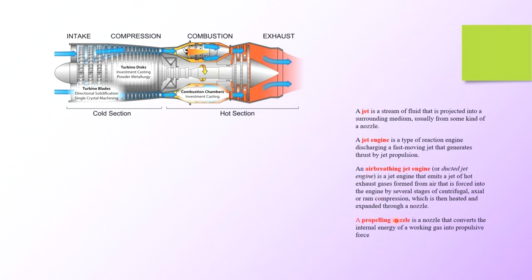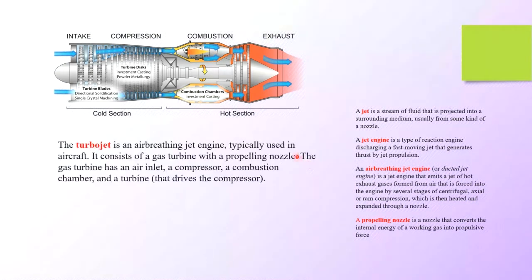A propelling nozzle is a nozzle that converts the internal energy of a working gas into propulsive force. These are the terms that usually you will see in this chapter. The turbojet is an air-breathing jet engine typically used in aircraft.